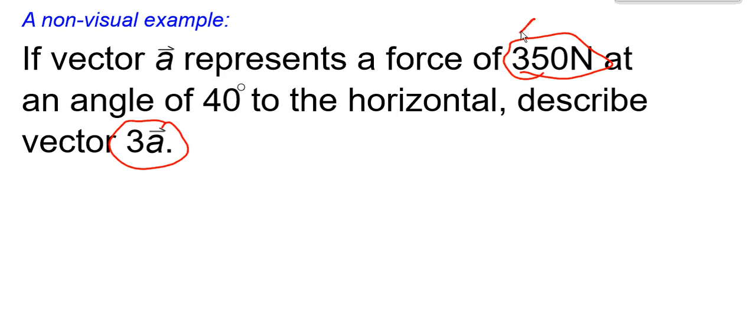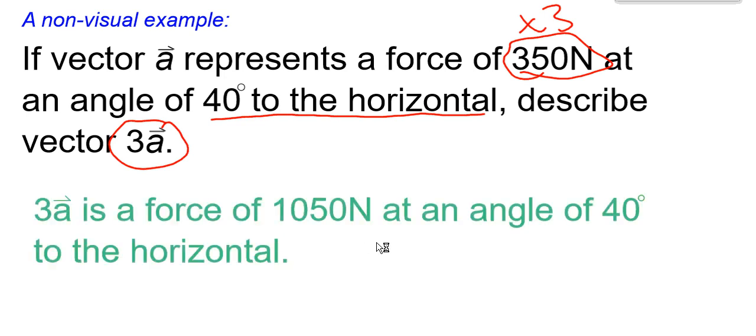So I need a vector that is 3 times the magnitude, but the exact same direction. So 3 times 350. So the answer would be that 3A is a force of 1,050 newtons, acting at an angle of 40 degrees to the horizontal. So again, you can see that the direction has not changed, but the magnitude is 3 times as big.